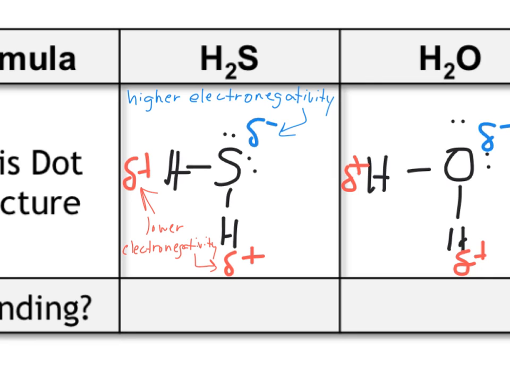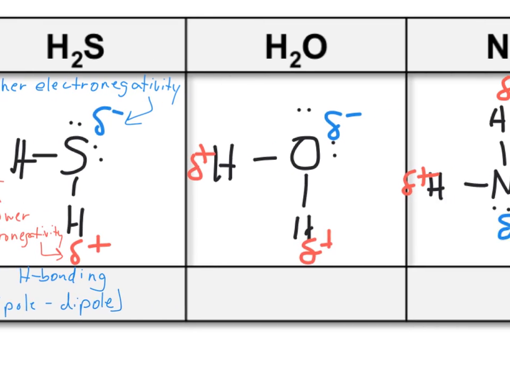But the strict definition for hydrogen bonding is the attraction between the hydrogen of one molecule and the more electronegative nitrogen, oxygen, or fluorine of a neighboring molecule. Unfortunately, sulfur does not meet that definition. So hydrogen bonding in this case, no, it would not be hydrogen bonding, but it would be considered dipole-dipole attraction. So on to the next one.